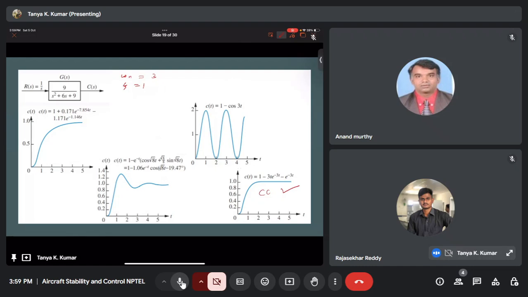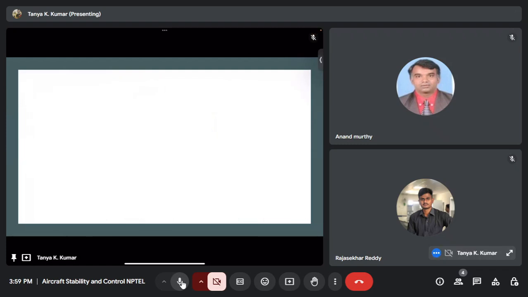Again, you just need to split the denominator in a nice neat fashion. This is easier than the previous case. So you have again C of S by R of S is 9 by S squared plus 6S plus 9. So your C of S is 1 by S, where R of S is 1 by S, alright?